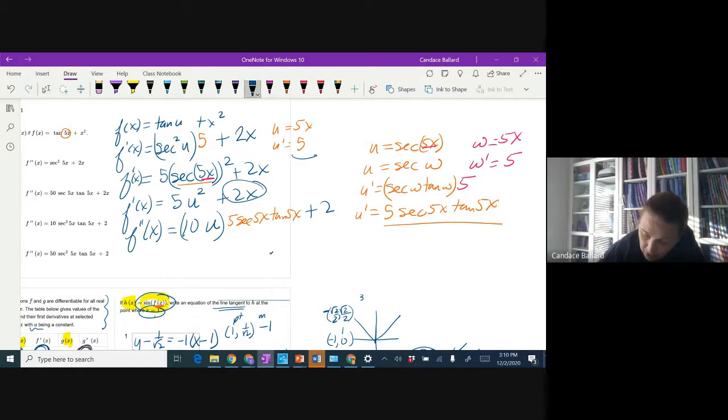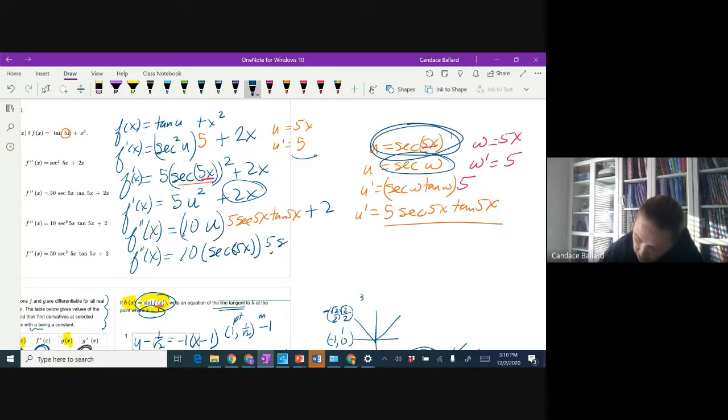And now we've got to plug the u back in. So f double prime of x equals 10 times the u, which is this mess here, right? Oh, not this mess. This mess here. So secant of 5x, and then it's 5 times secant of 5x tangent of 5x plus 2.